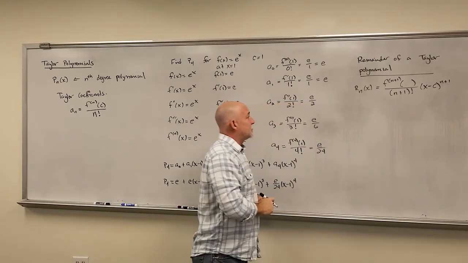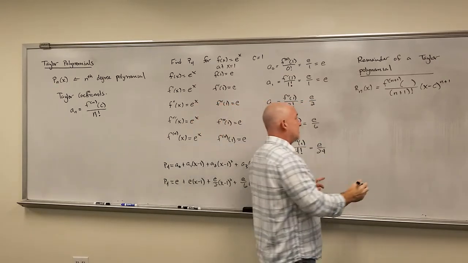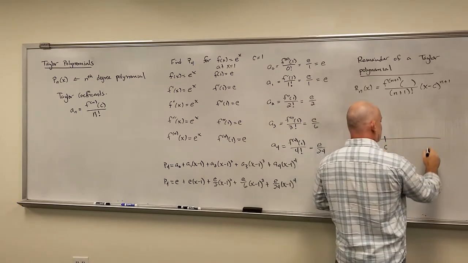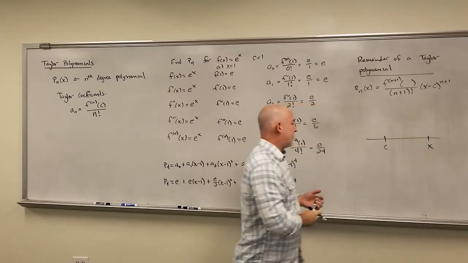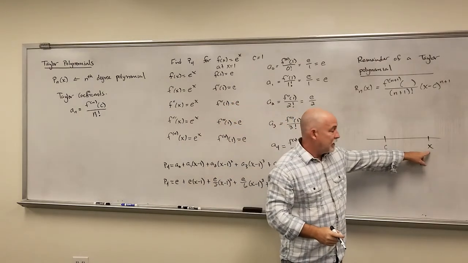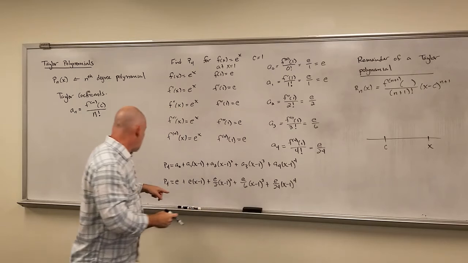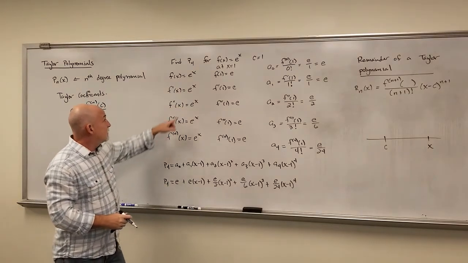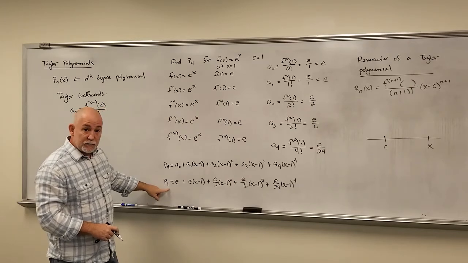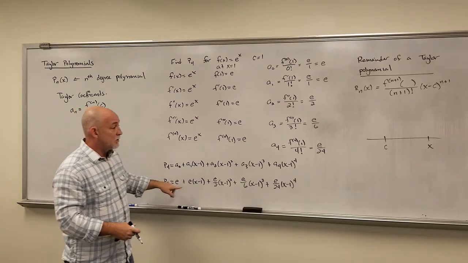Now where do we want to evaluate this? Well, here's the idea. We're trying to approximate a function some distance away from the center, right? Here's our center, and we're trying to approximate it at some value x. Kind of like here, if I wanted to approximate e of 2, I could plug 2 into this polynomial, and it would give me an approximation.